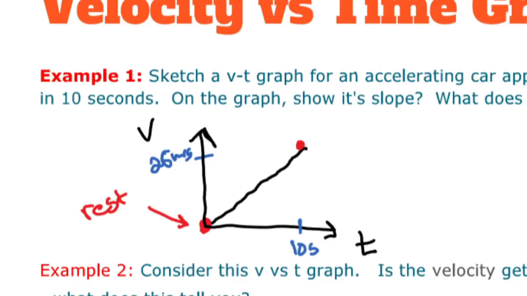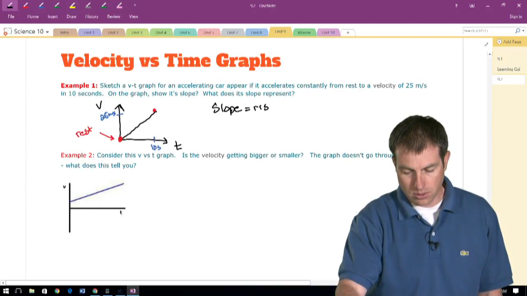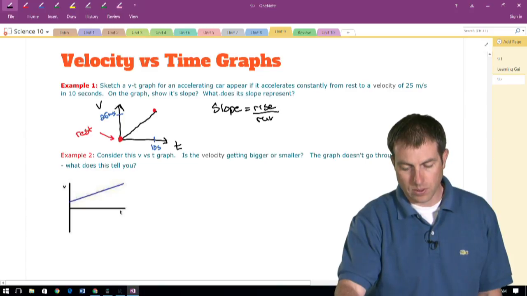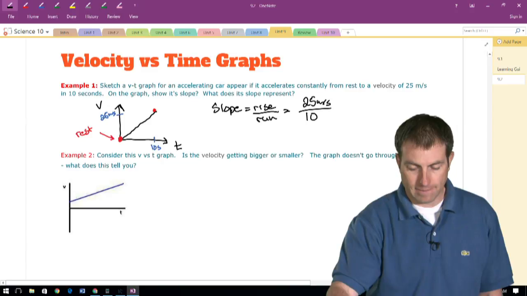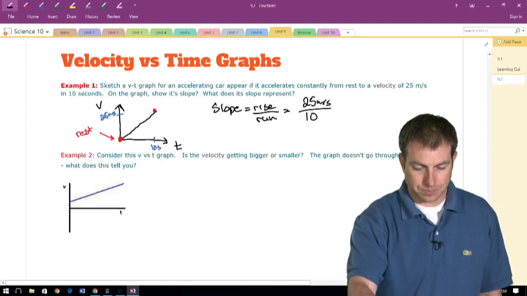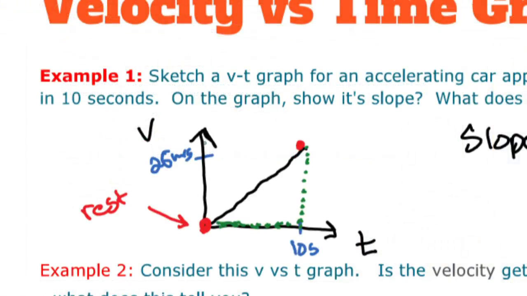The slope, which it's also asking me to find, is rise over run. And in this case, the rise is 25, and the run is 10. So I can draw in a little triangle here. Rise goes from 0 to 25, and the run is 10. This is 10 down here.